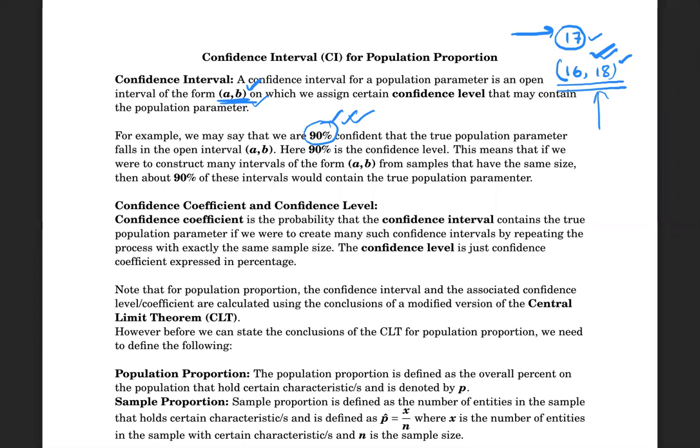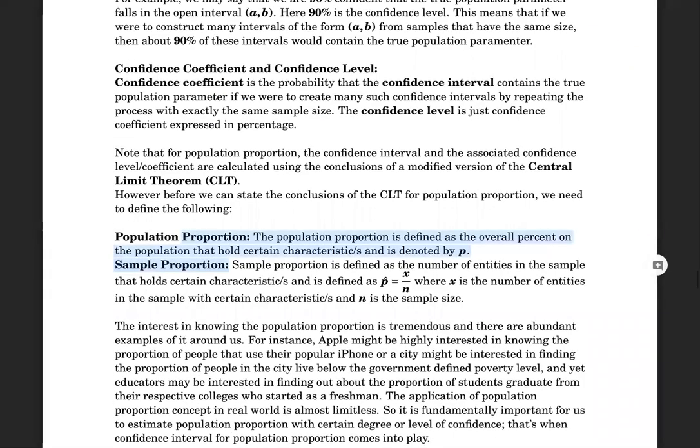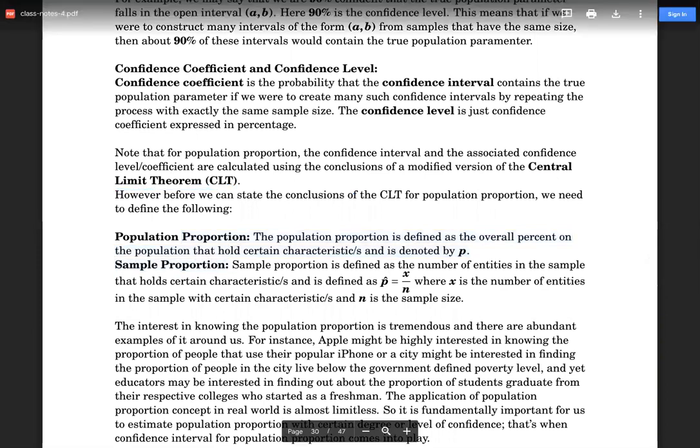And well, I guess I'm on the actual calculation. For the actual calculation, what we are using is really the central limit theorem. At the heart of all these things is nothing but the central limit theorem. Now, we have done the central limit theorem for population mean.